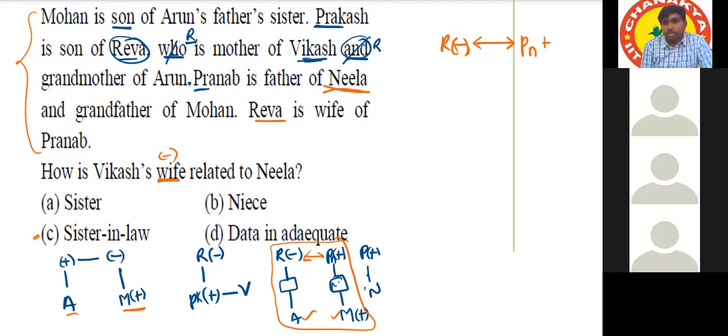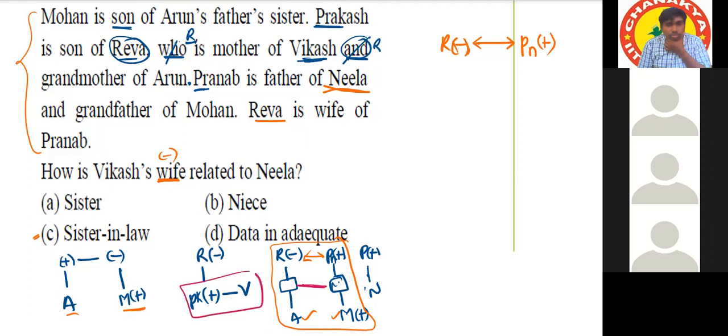Now see, R's children and P's children are not different children. Yes or no? Because these two are a married couple, these two should be siblings of each other. Got it or not? Yes, sir.